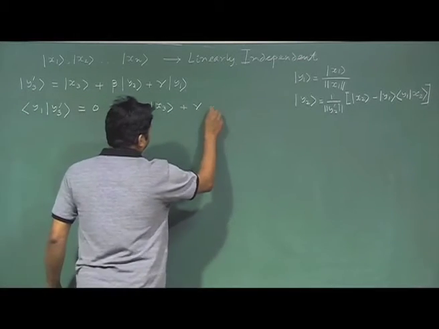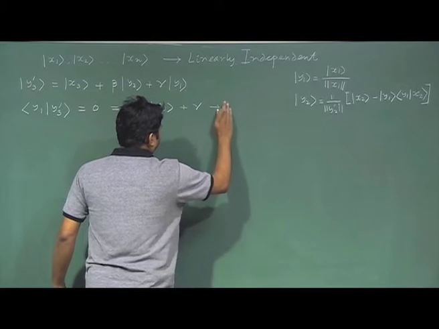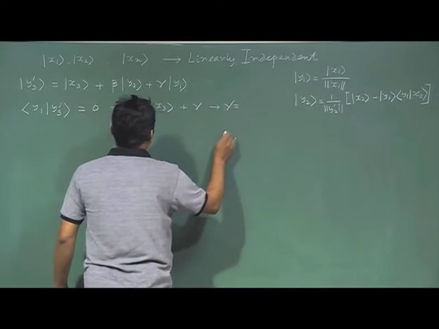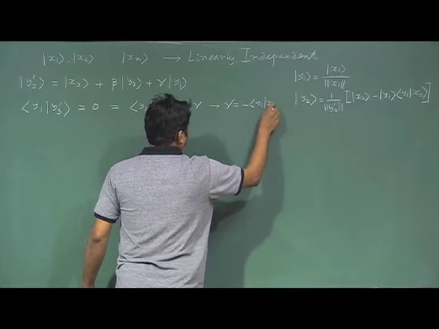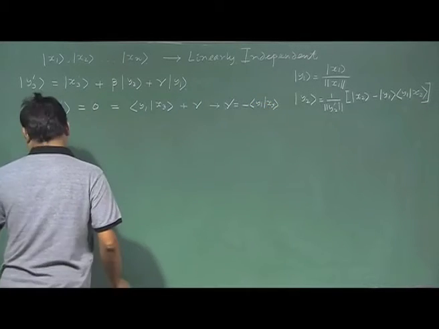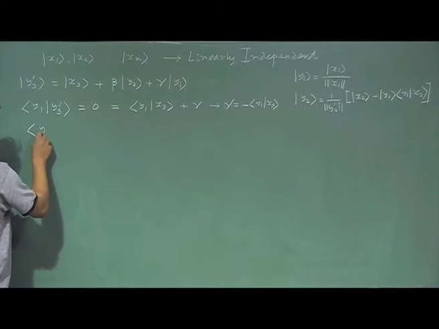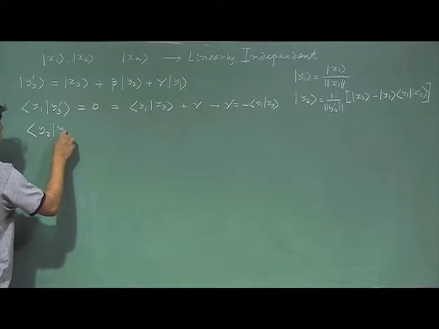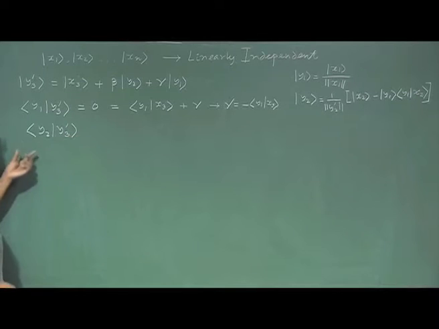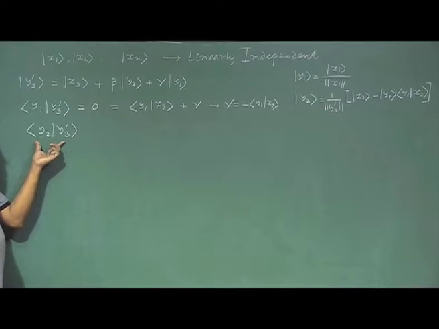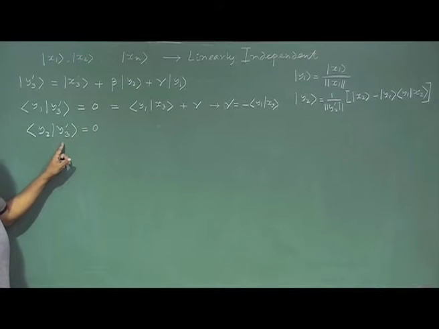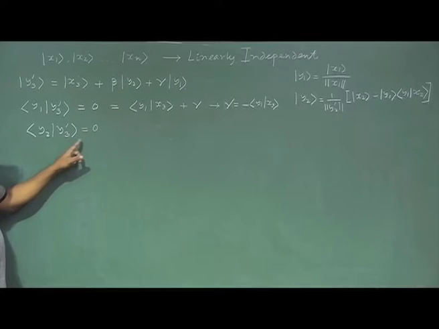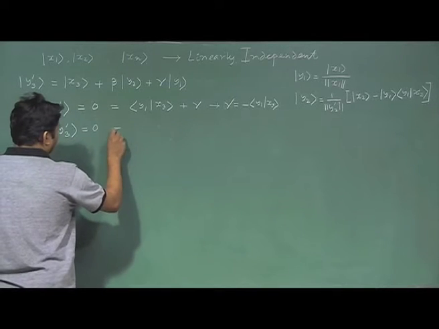So, what will be my gamma? From here I will find that gamma is equal to minus y1 x3. Also, if I do the same thing by operating y2 from the left hand side on y3 prime, because y2 and y3 are perpendicular to each other, I want it to be equal to 0.